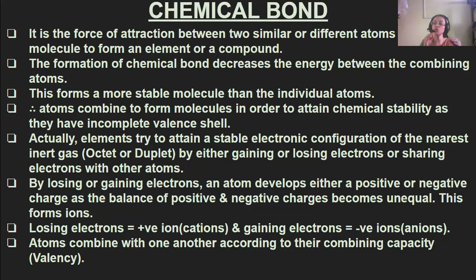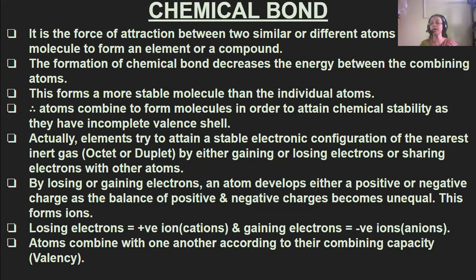When this chemical bonding is taking place, when two atoms of the same or different element are combining, the atoms either lose electrons or gain electrons. If they have very few electrons in the valence shell, they generally lose electrons. And if they have more valence electrons, then they try to gain electrons to form the octet or duplet.